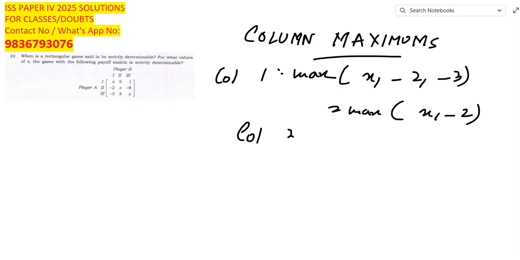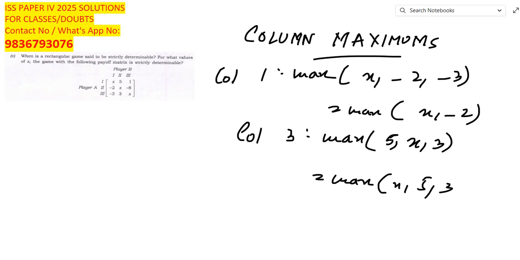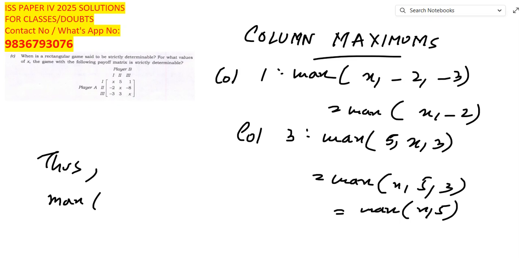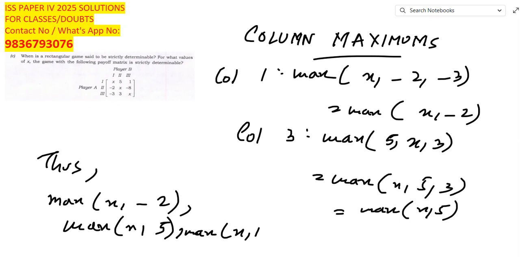Next column 2, so maximum of 5, x, minus 3, so that's maximum of x comma 5. Third column, maximum of 1, minus 8, 3x, that's maximum of x comma 1. Okay, so thus what will be the column maximum? Similarly, that will be maximum of x comma 3, maximum of x comma 5, and maximum of x comma 1. That will be the calculation.